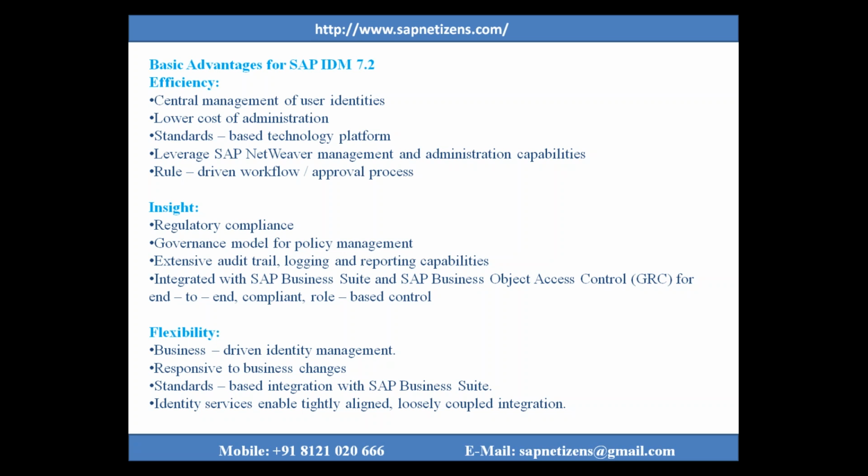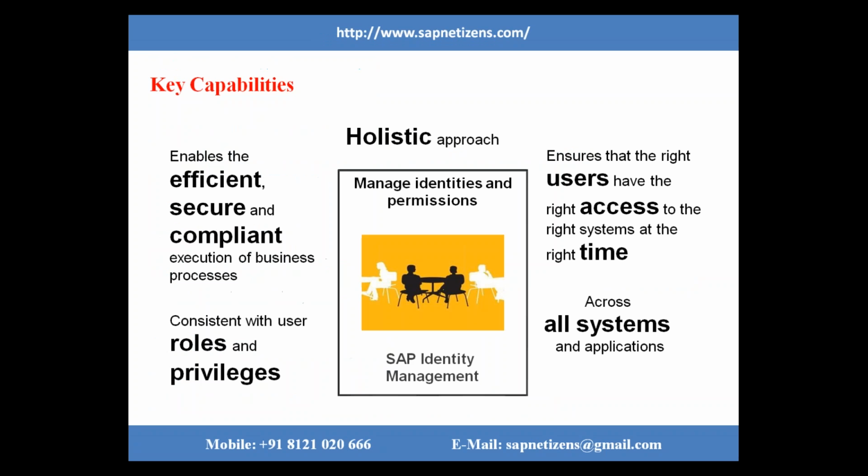Coming to insight, it deals with regulatory compliance, governance model for policy management, extensive audit trails, logging and report capabilities integrated with SAP Business Suite and SAP BusinessObjects Access Control GRC for end-to-end, rule-based compliance. Coming to flexibility, here we deal with business-driven identity management responsive to business changes, standards-based integration with SAP business tools, and identity services enabling tightly aligned, loosely coupled integration.